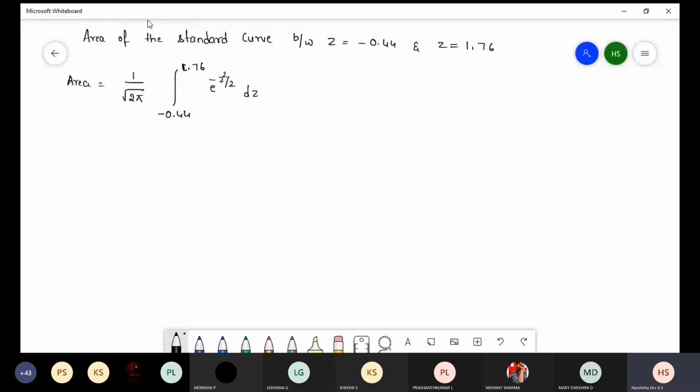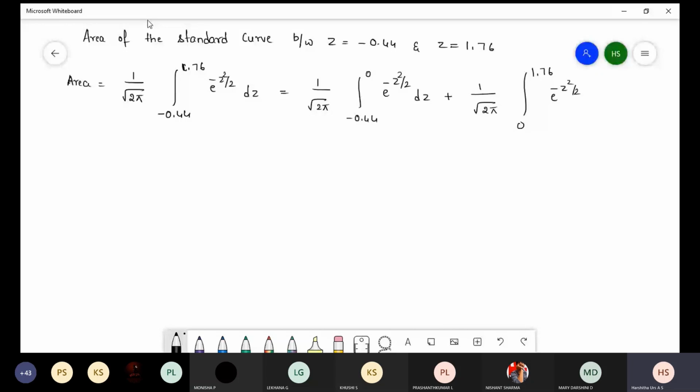For this we can write 1 divided by root of 2 pi integral minus 0.44 to 0 e power minus z square divided by 2 into dz plus 1 divided by root 2 pi integral 0 to 1.76 e power minus z square divided by 2 into dz.